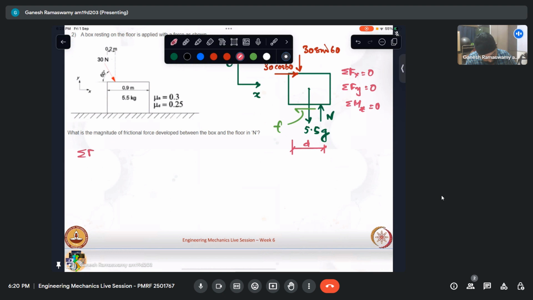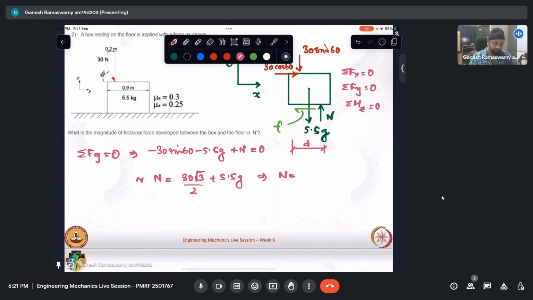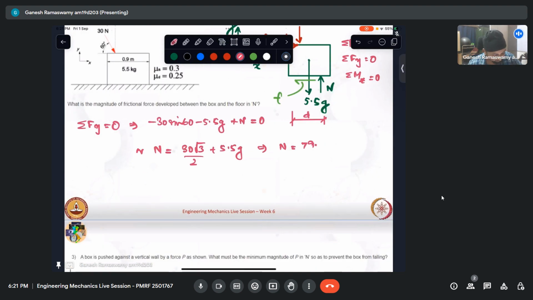So sigma fy equals 0 gives us minus 30 sine 60 minus 5.5 g plus N equals 0, or N equals 30 sine 60, which is 30 root 3 by 2, plus 5.5 g, which implies that N comes out to be 30 sine 60 plus 5.5 g, which is 79.935 Newton.